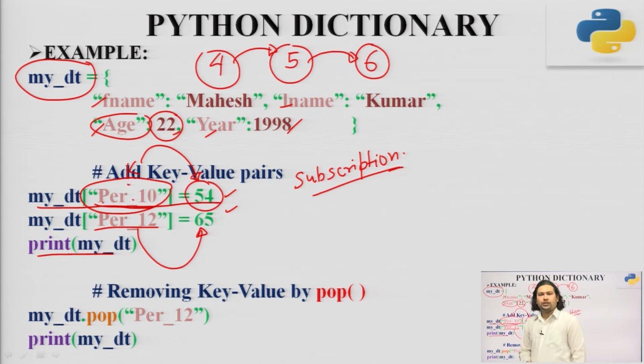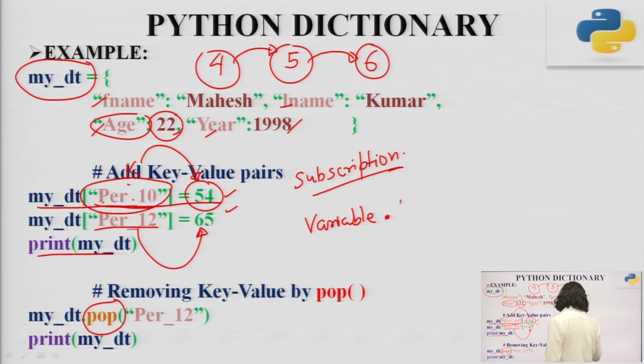The very first process to remove the key value pair is by using the pop method. The syntax for the method is the variable followed by a dot followed by the method name and if any, the input parameters.